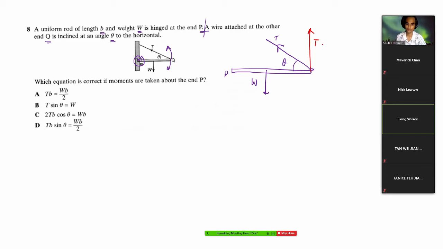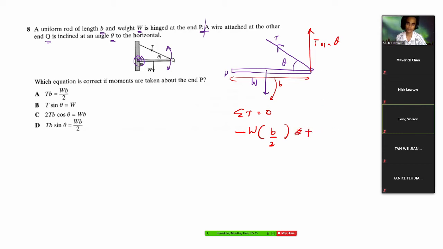Sine, sir. T sin theta. So the summation of torque equals 0. W is pointing in the clockwise direction, so it is negative. Negative W with the length. The whole length is B, so W is at the middle, B divided by 2.